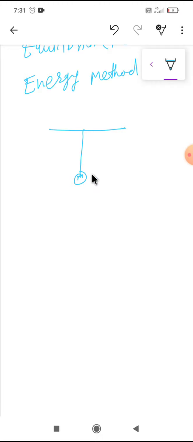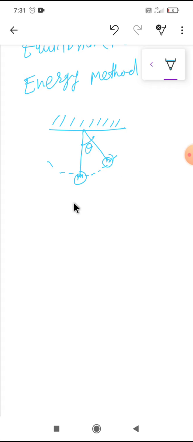A bob, a string, and suppose it has a mass m and is extending an angle theta.